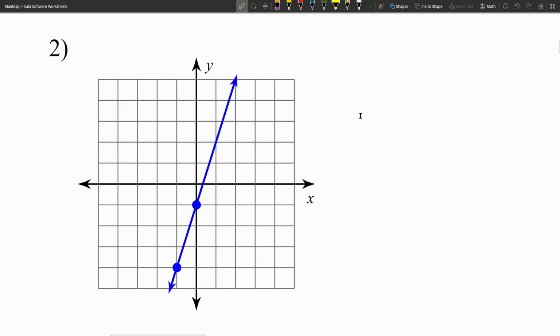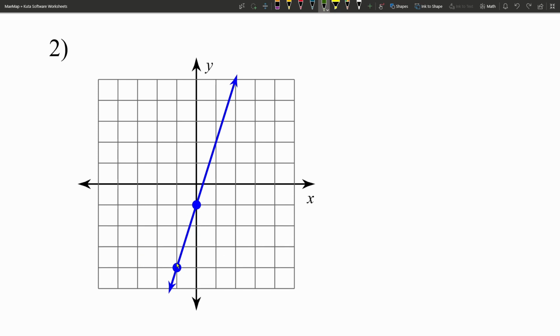For number 2, let's think, is our slope positive or negative? Well, as we move to the right, our line goes up. That means our slope is positive. And we can also see that from the numbers we'll calculate. Remember, slope is rise over run: how far we change vertically over how far we change horizontally.